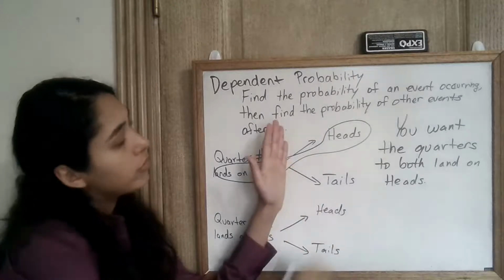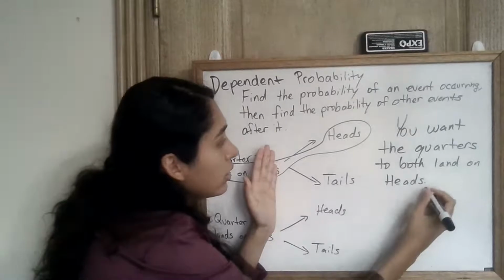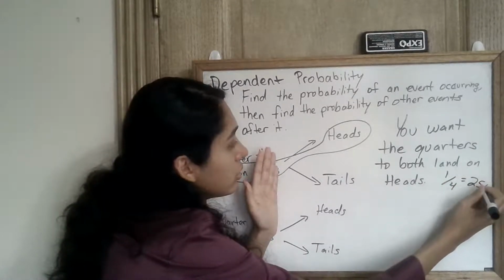So I look at it from these 4 overall possibilities. So it would be 1 out of 4, or a 25% chance.